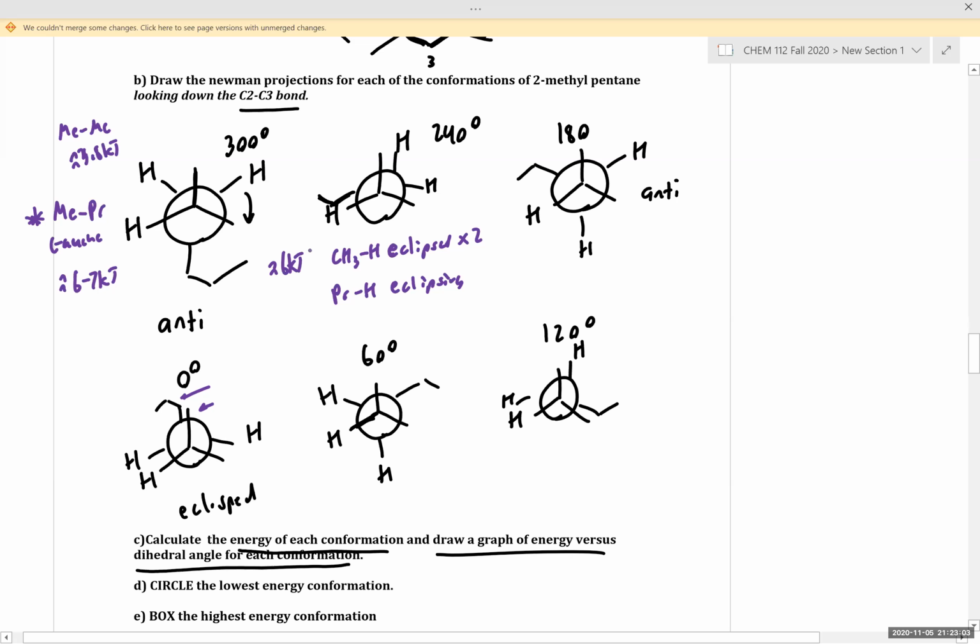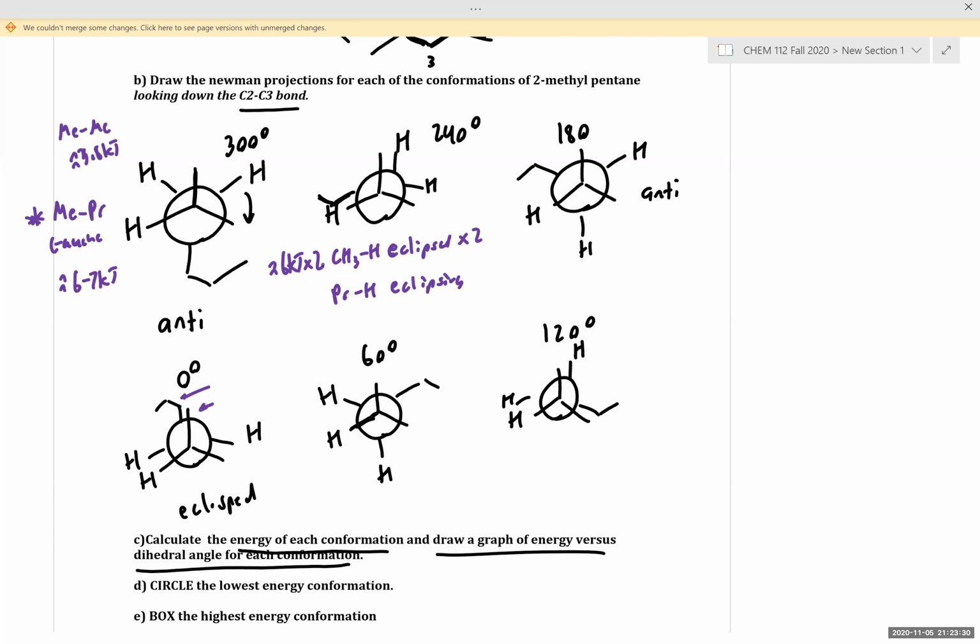And we have 2 of them. So we have 6 kilojoules times 2. Okay, perfect. Would we estimate a propyl hydrogen interaction to be greater or smaller?